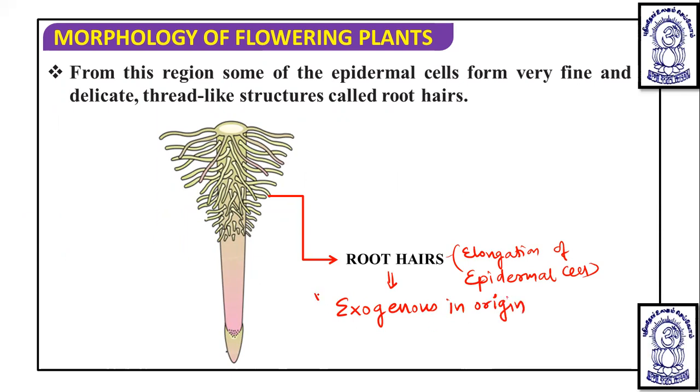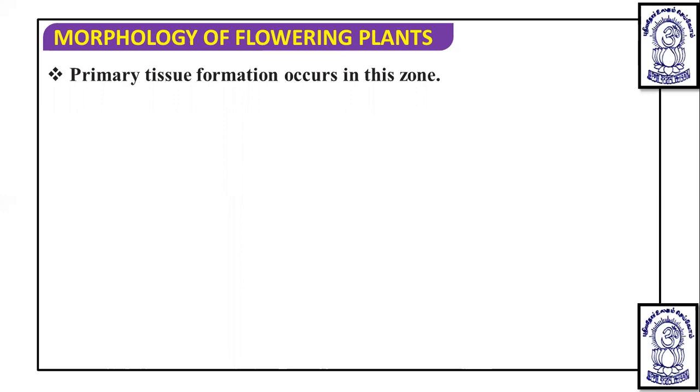Why are they known as exogenous in origin? Because they originate from the surface. Primary tissue formation occurs in this zone, meaning the dividing cells stop dividing and form a differentiated or mature tissue in this region of maturation, and that is going to be primary tissue.